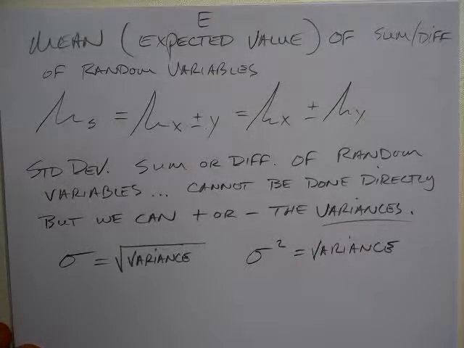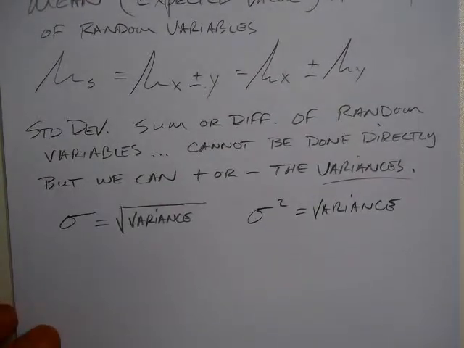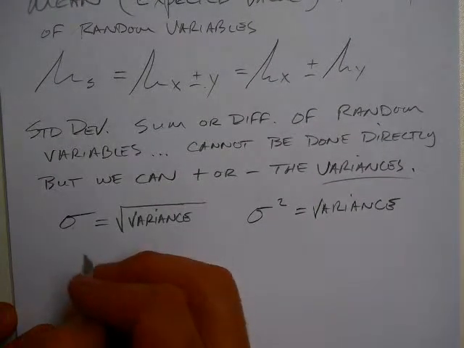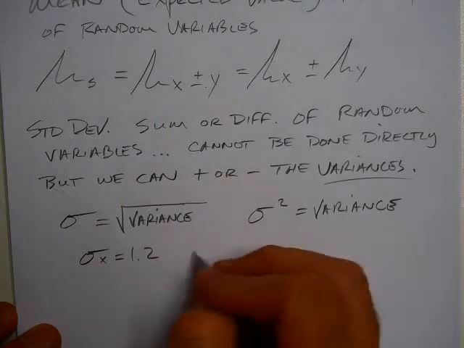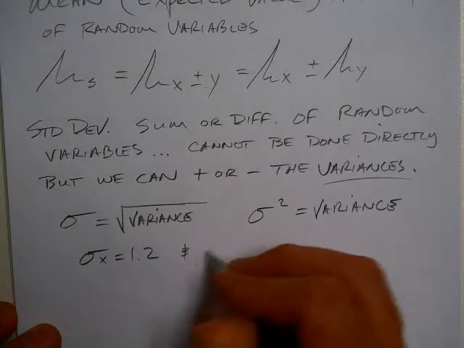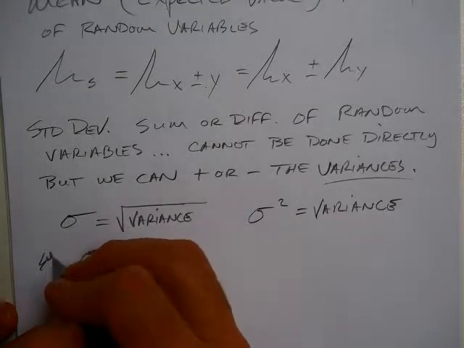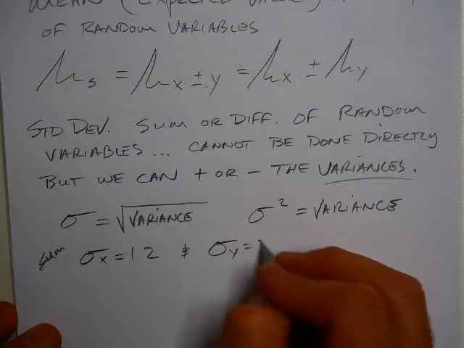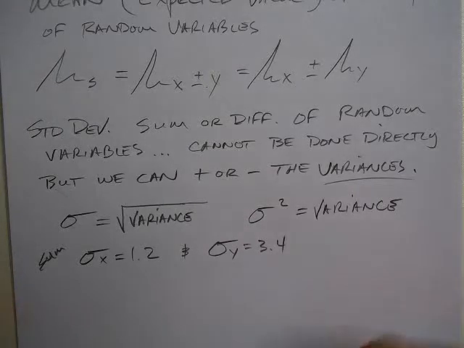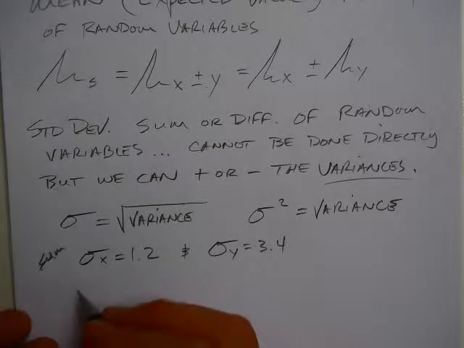So here's a quick example. Let's say we want to find the sum of sigma x 1.2 and sigma y 3.4. I've got to take these back to the variance form.